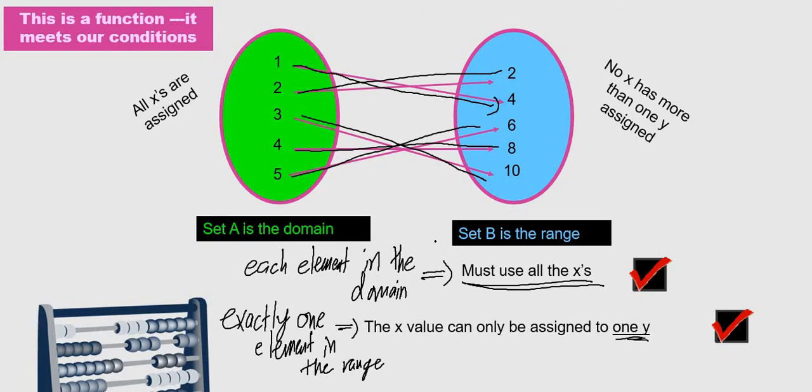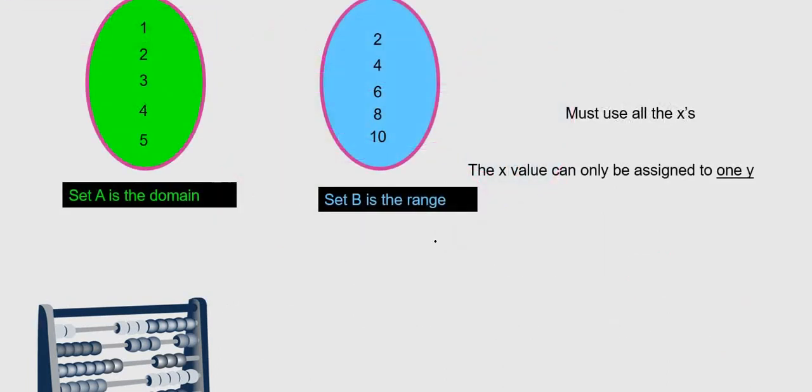Let's take a look at another example. We have here our domain and our range, and this is the relationship that we would have. Is this relation a function? Pause the video and try to think about it.